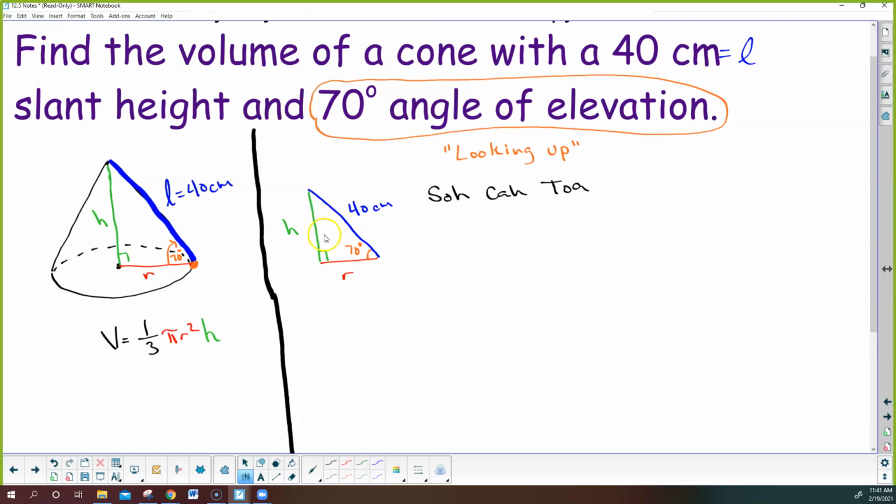So let's do, we know that the 40 is in the hypotenuse section, so I'm going to use sine or cosine, and then let's say I want to find the height first. So that is the opposite. Remember, opposite of 70 degrees, opposite of my reference angle.